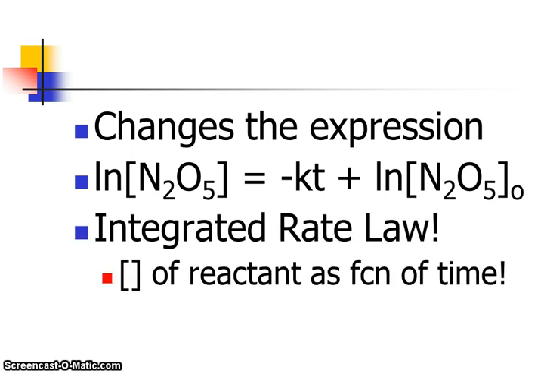And that means that the concentration of the reactant is a function of time. If we know what the concentration is initially and after a period of time, we can find out how long the reaction has progressed. Or if we know the initial concentration and we know how long the reaction has taken place, we can find out what the final concentration is. So our integrated rate law relates concentrations and time.